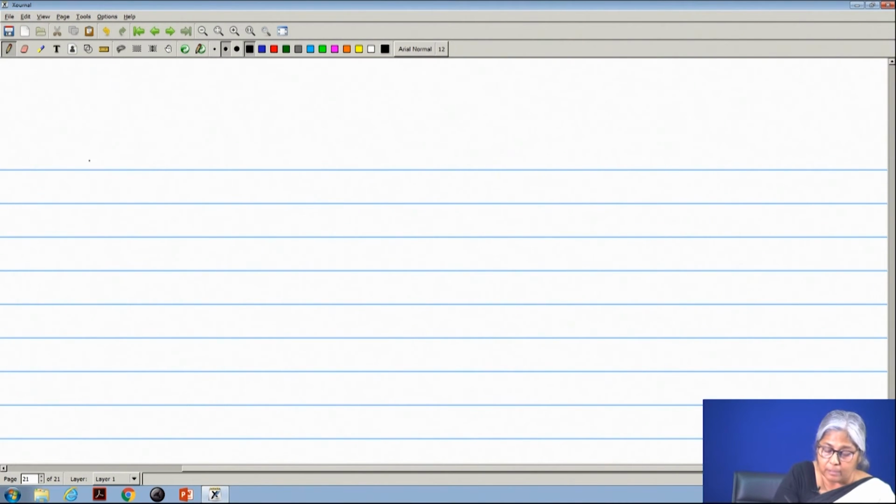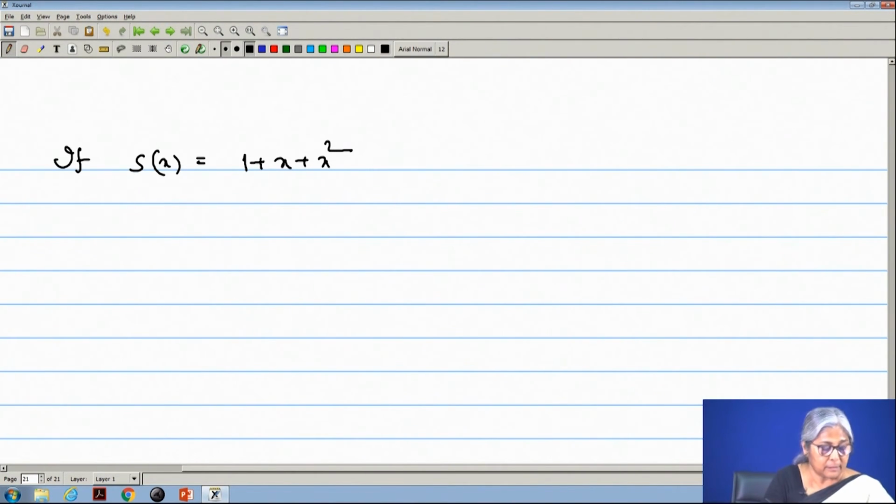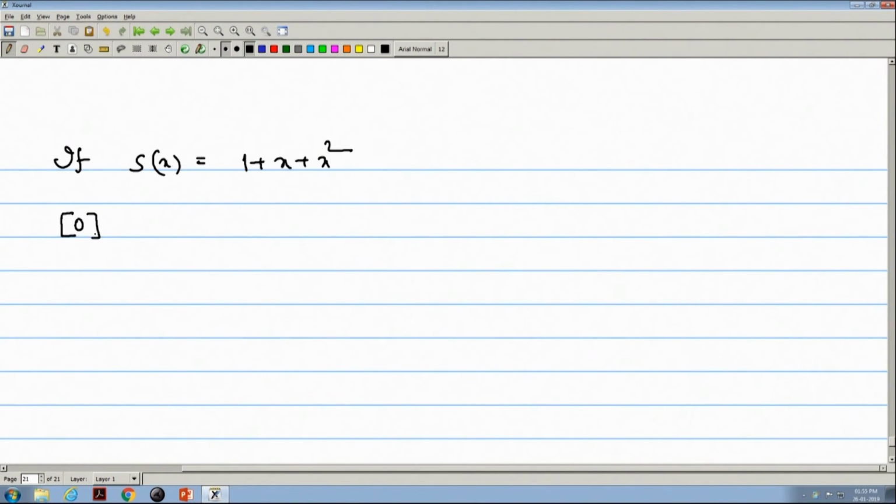Say my s(x) is 1 plus x square, because I am taking the modulus s(x). Similarly, class 0 is the set 0, 1 plus x square, then x into 1 plus x square, which are multiples of 1 plus x square, then x plus 1 into 1 plus x square, and in this way I will be getting the set.